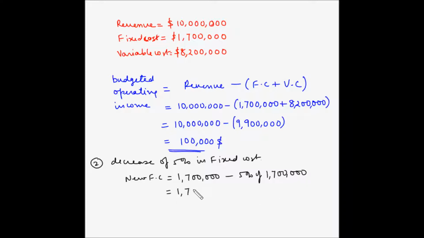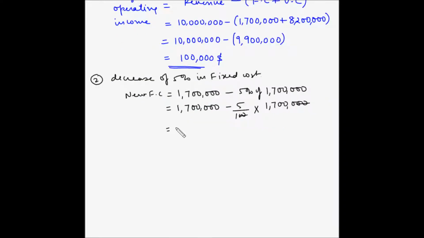So this is equal to $1.7 million minus 5 by 100. This is the percentage multiplied by 1,700,000. So again these two zeros get cancelled with these two zeros. So this is equal to 1,700,000 minus 7 5s are 35, 3 carryover, 5 1s are 5, 6, 7 and 8, so 85,000.